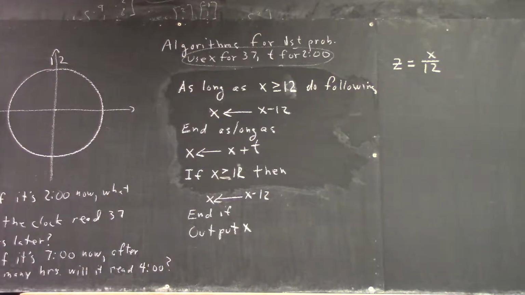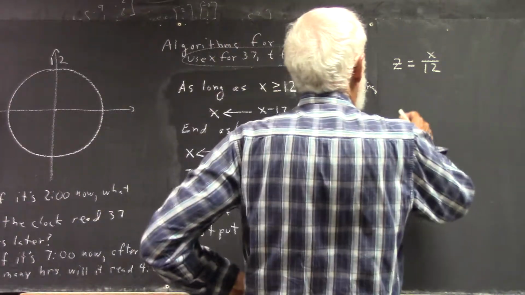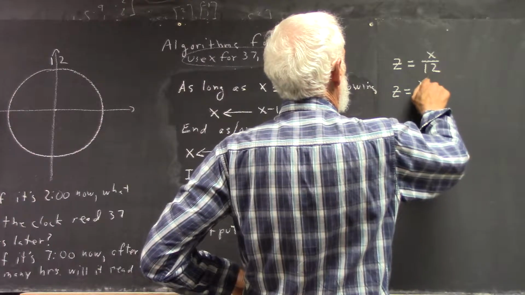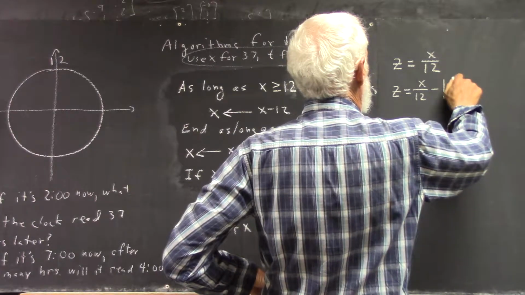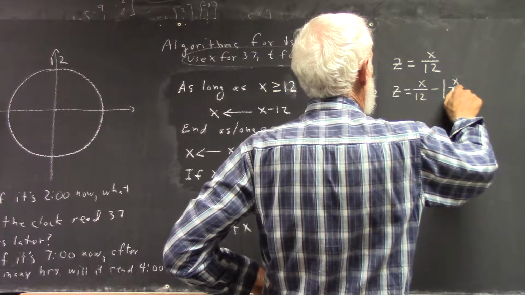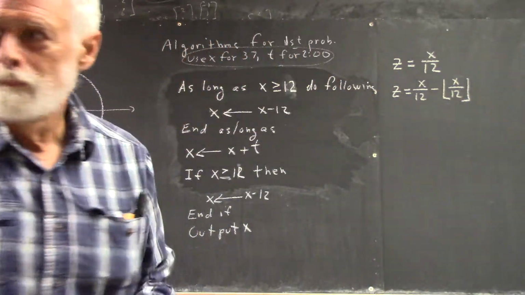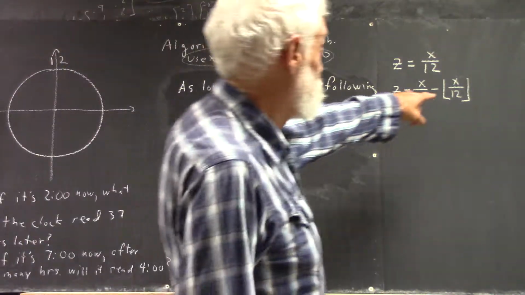Z equals x over 12. Okay, everybody know what that notation there means?